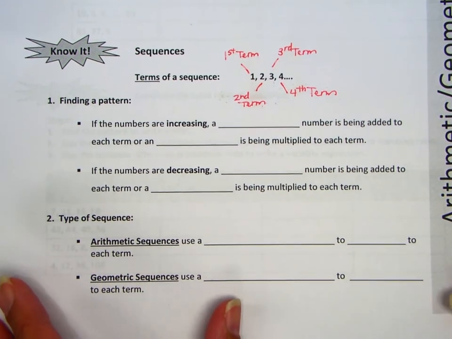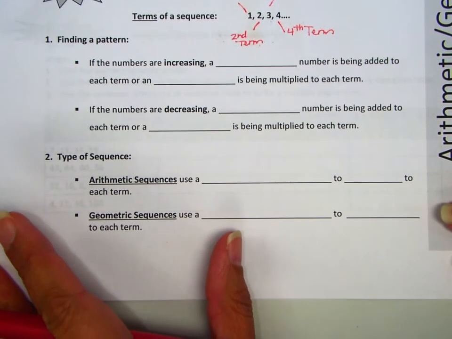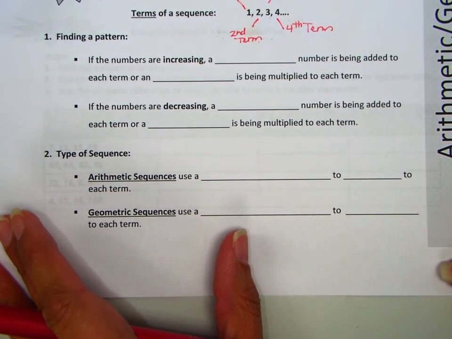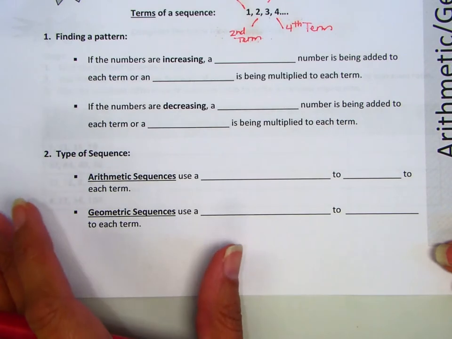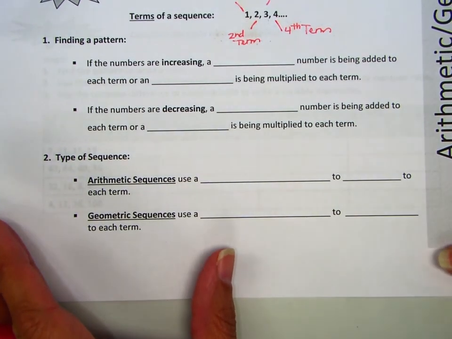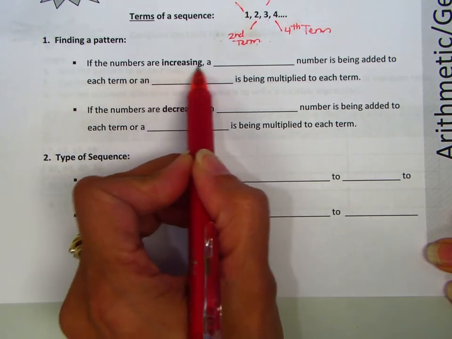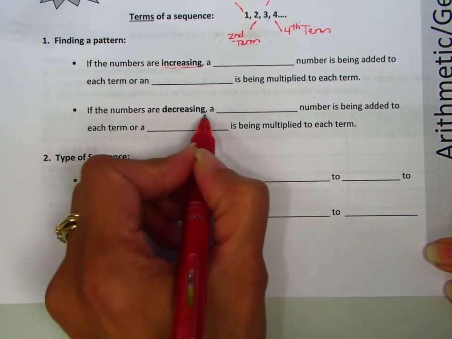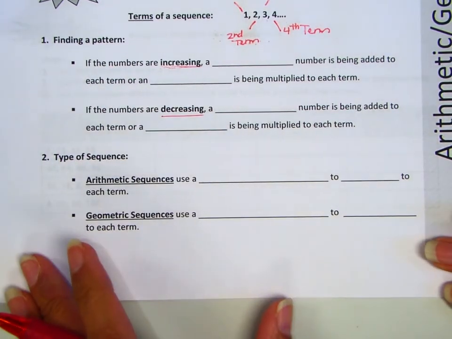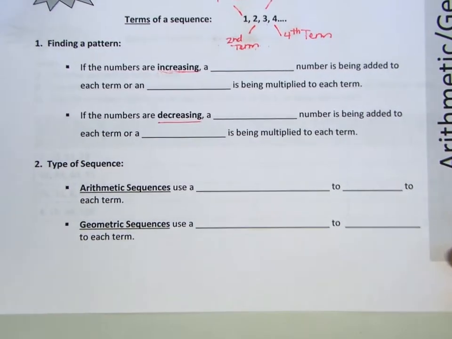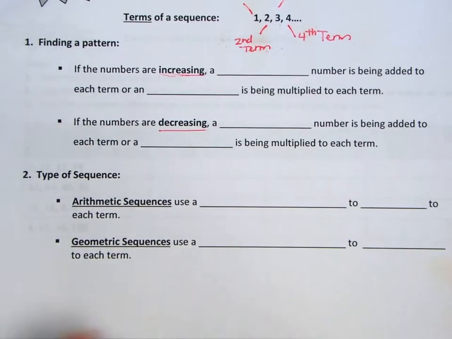Now we need to find a pattern for our sequence. So looking at the pattern, we want to look at those numbers that are listed, and the thing that we want to look for is: is it increasing or is it decreasing? And by knowing whether the numbers are increasing or decreasing will really help us figure out what we're doing to each term, to each following term.